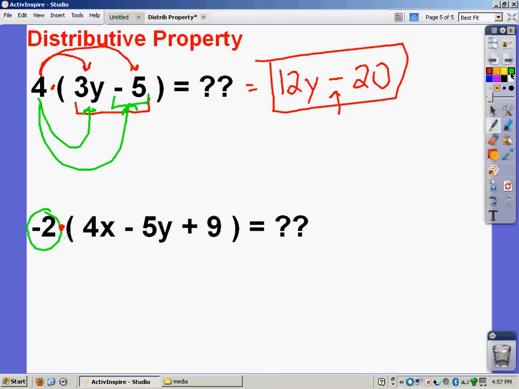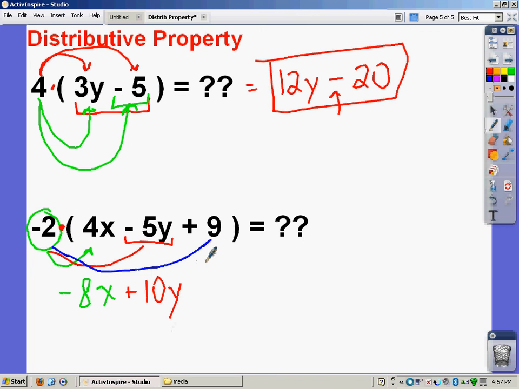So what I have here is -2 times 4x, which is -8x. Okay, I'll switch colors. What about -2 times -5y? Well, that becomes positive 10y. And last one, what about -2 times that very last term of +9? Well, that becomes minus 18.